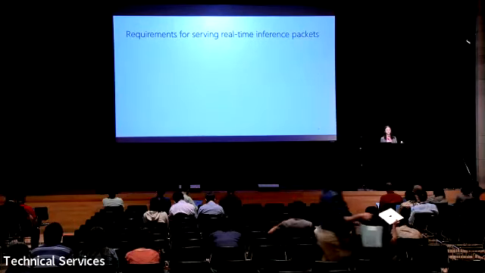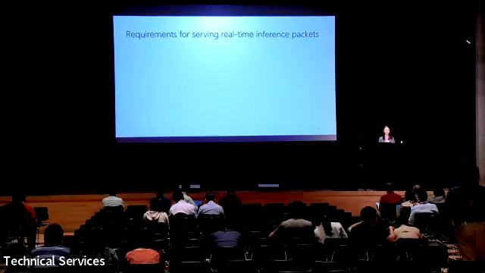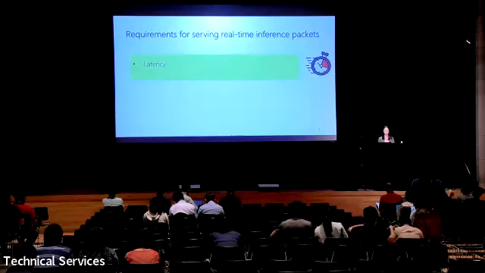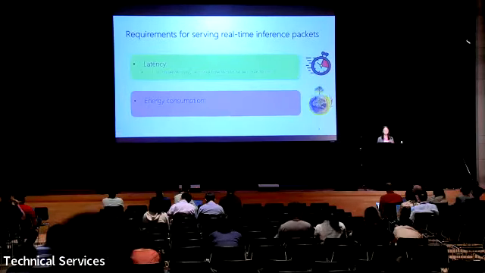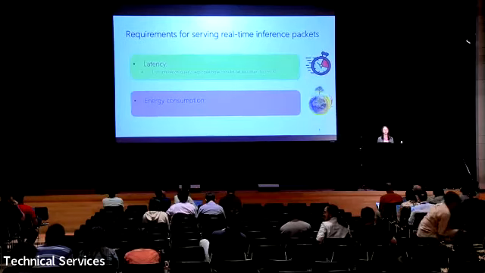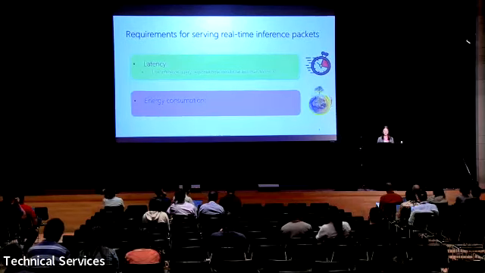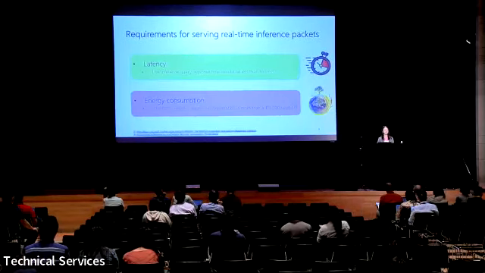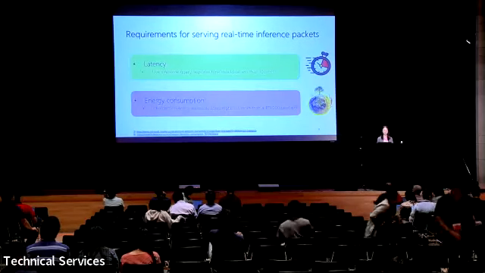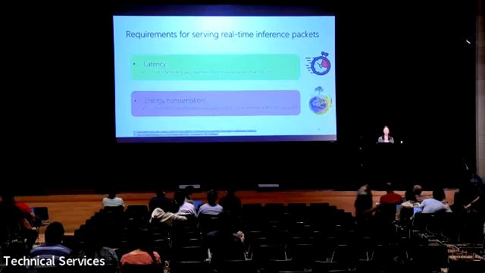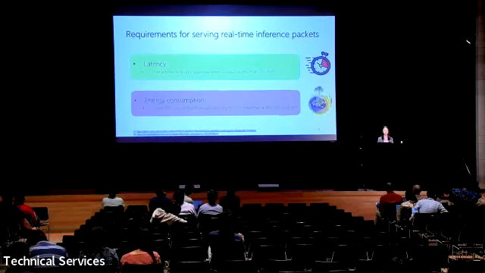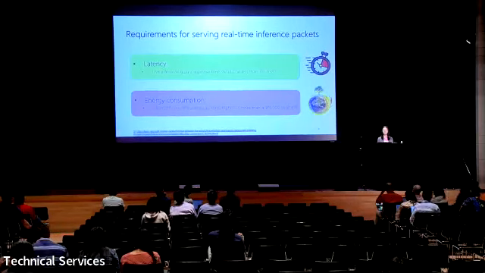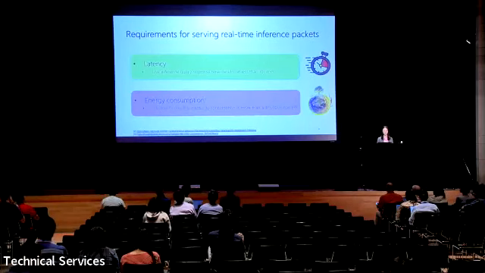There are two requirements for serving real-time inference packets. First, latency, and second, energy consumption. Live inference query response time should be less than 100 milliseconds. In addition, for energy consumption, we should make applications like ChatGPT more energy efficient, because its current monthly electricity consumption is more than that of 175,000 people.